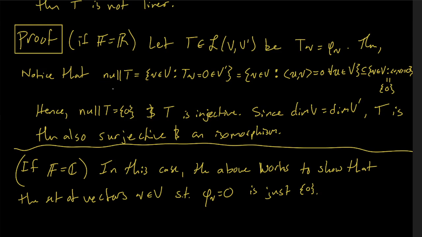That is, well, we can't say null T now because T is no longer a linear map. Just the map that sends v to phi_v has certainly a set of vectors v such that phi_v of v is equal to 0.